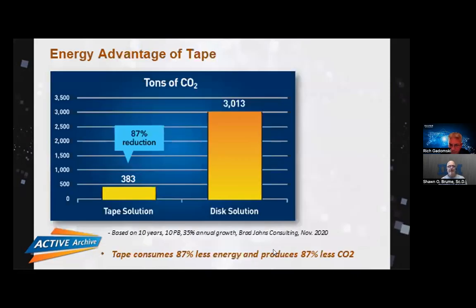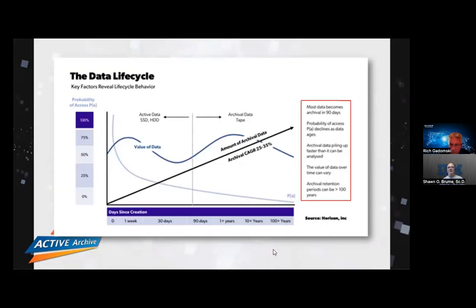Rich, if we can go back, I really would like to emphasize the value of data line, because it sits there in strong bold, but what does that really mean to the client or to those that have to store the data? It essentially is saying that an assumption that data just kind of loses its value along the probability of access is just not true.